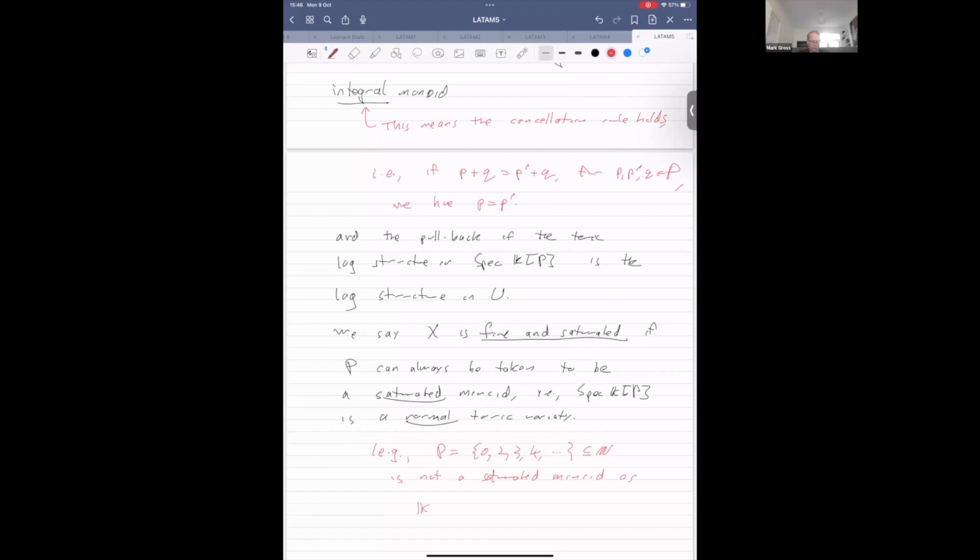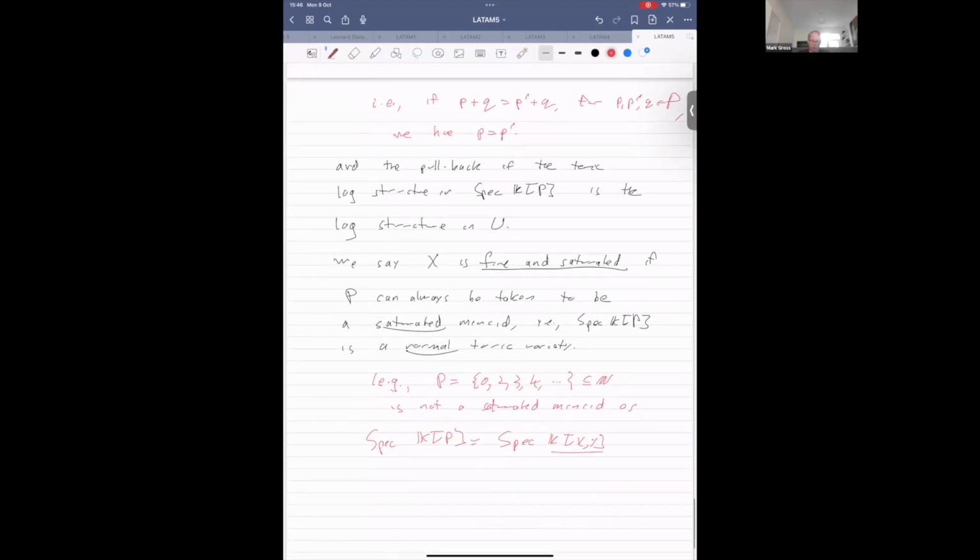Then Spec K[P] is the spec of K[x, y], with two generators corresponding to the generators 2 and 3 of the monoid, and they have a relation which is x cubed equals y squared. So that's a nodal cubic, which is non-normal. So we have this extra adjective here, which tends to show up everywhere in log geometry.